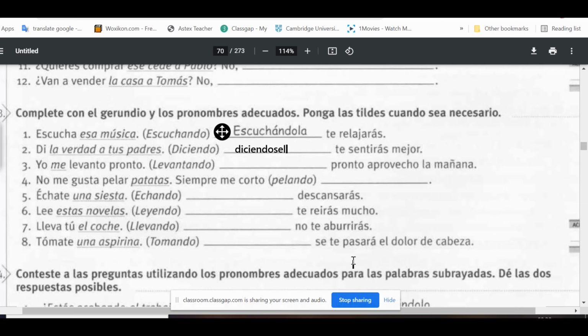So diciéndosela, te sentirás mejor. So di la verdad a tus padres. Diciéndosela, te sentirás mejor. Little accent. Diciéndosela, te sentirás mejor. So by telling them about it, you feel better.